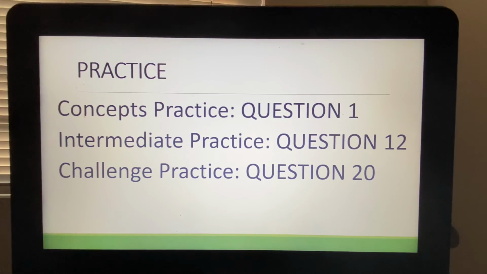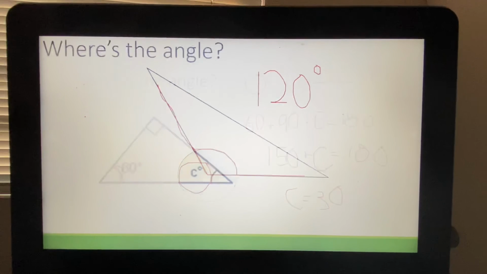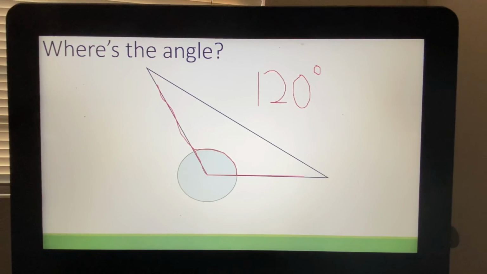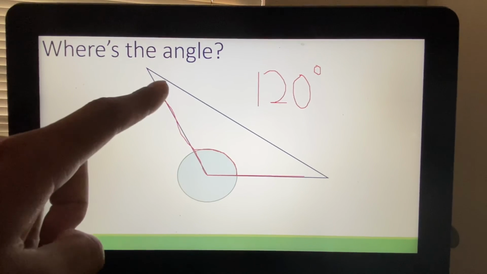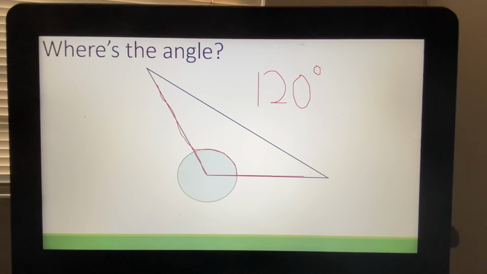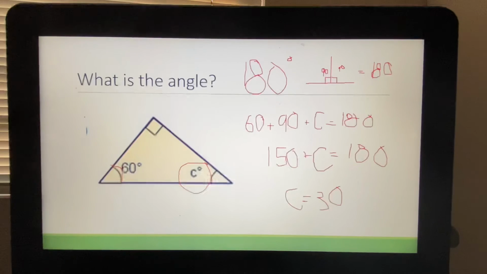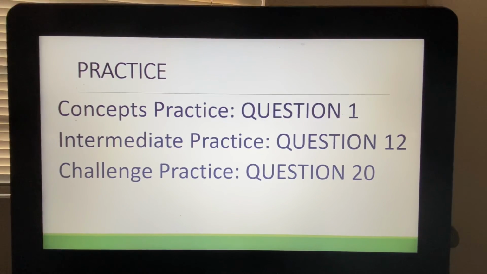So, if you want to try and use your protractor with questions such as these, you're going to see where the angle is. And in your notebook, it'll ask, what's the angle and what's your reasoning behind it? If you feel like you're at this level right now and you want to answer those questions, you're going to start at question 1 on your notebook.